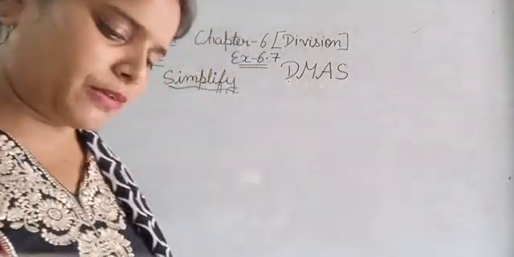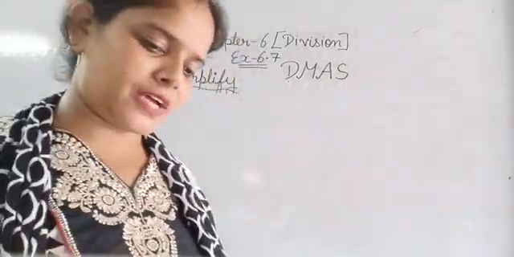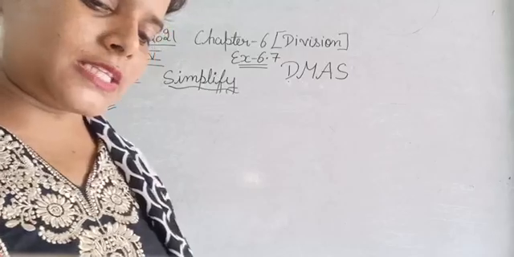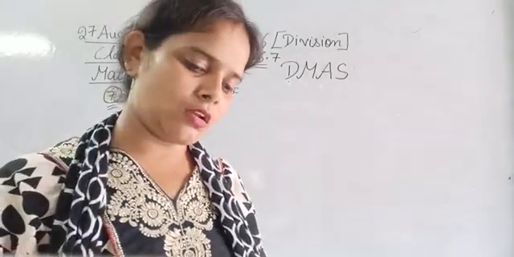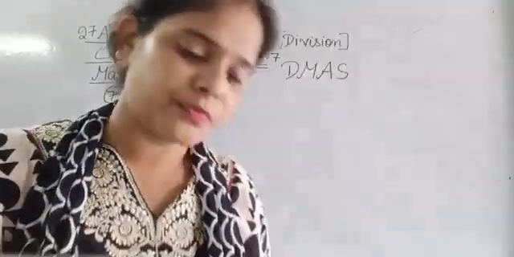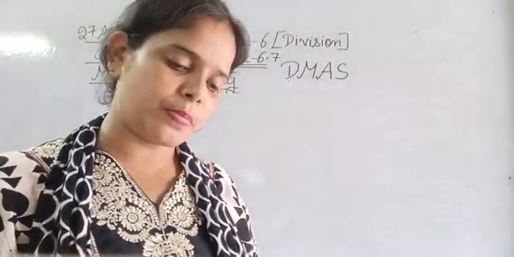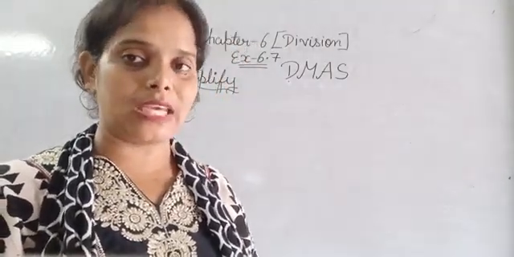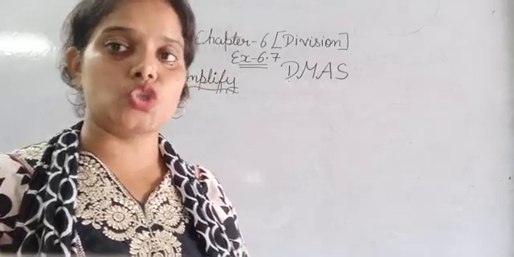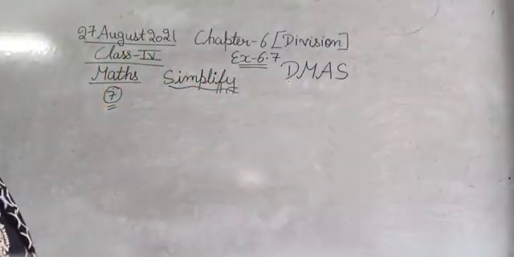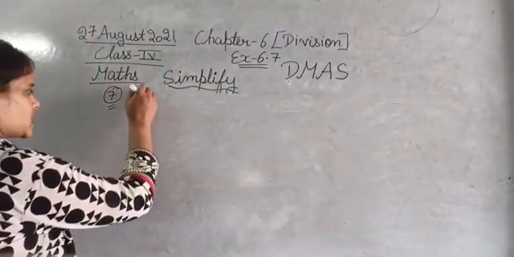So we have to simplify 12,629 plus 432 divided by 3 multiply 2. Okay, so this is question number 7.